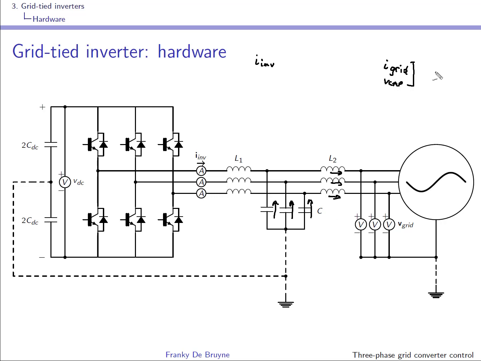These are not measured and they are not available for measurement. So if you want to implement state space control, you'll have to implement an observer that is going to reconstruct these states from the available states and the measurement of the grid voltage.